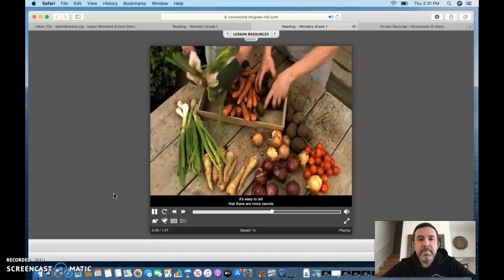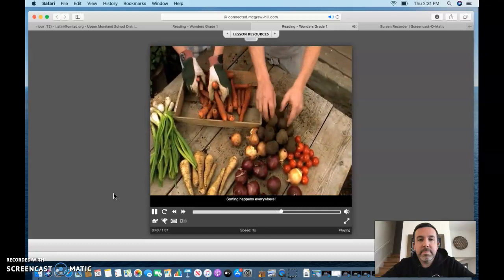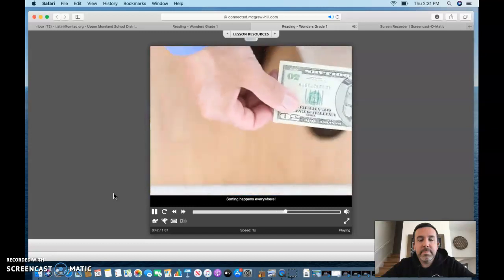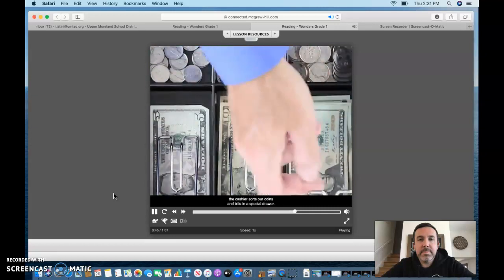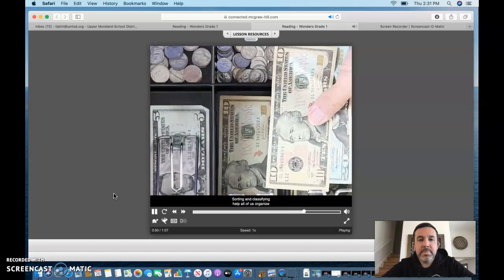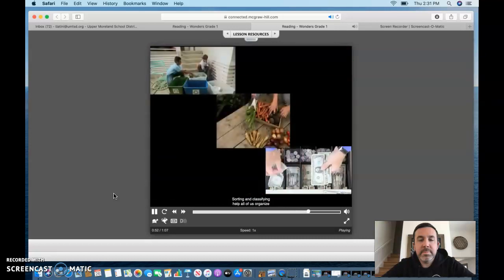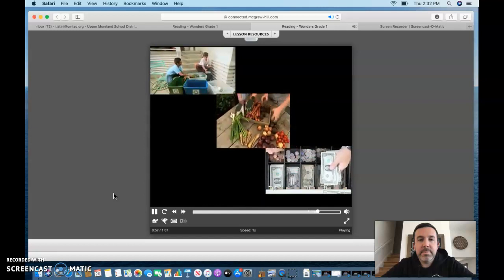After sorting these vegetables, it's easy to tell that there are more carrots than potatoes. Sorting happens everywhere. When we buy something in a store, the cashier sorts our coins and bills in a special drawer. Sorting and classifying help all of us organize whatever we are doing.